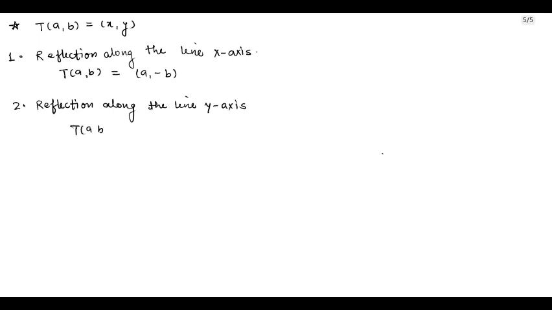T of (a,b) is (minus a, b), right. Then you get the matrix of this: minus 1 0, 0 1. Reflection about, not along.